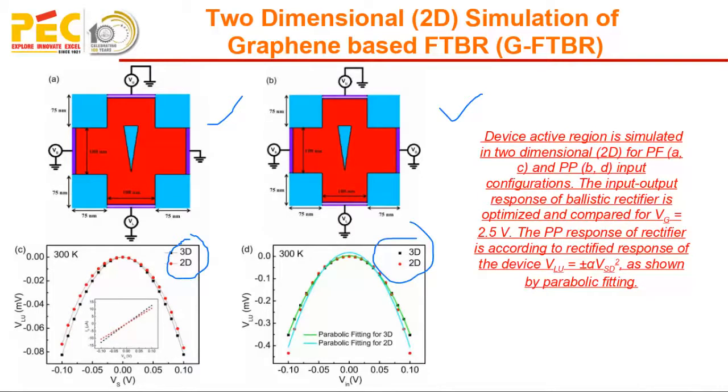The response gives us a better resemblance with the 3D if we compare here for push pull as well as for the push fixed value. So in 2D the other layer effects are compensated with the help of the background doping.